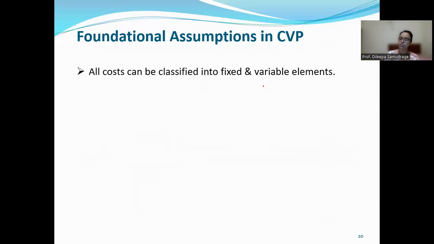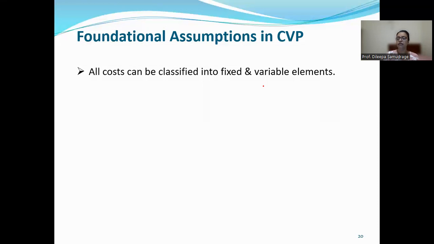So what is the issue of this? There are some semi-variable costs and semi-fixed costs in practical situations.